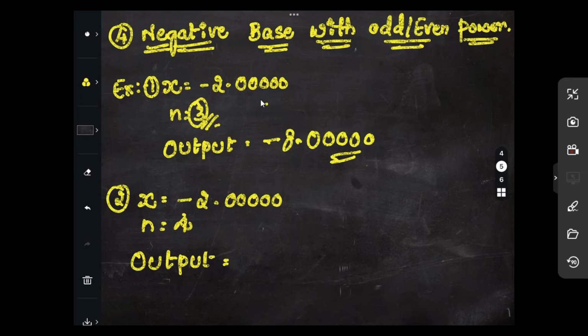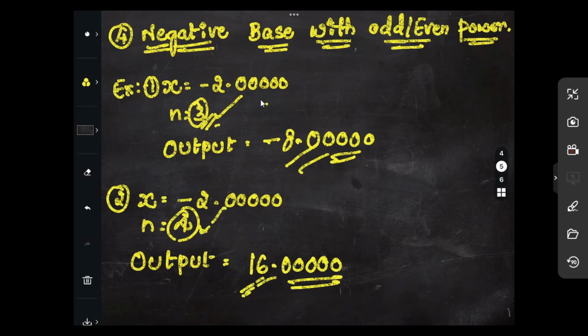So in this case, x is minus 2 we have considered, and n we have 4. So the output will be 2 to the power of 4, nothing but 16 in this case, positive 16, because n is even here. n odd, negative; n even, positive.